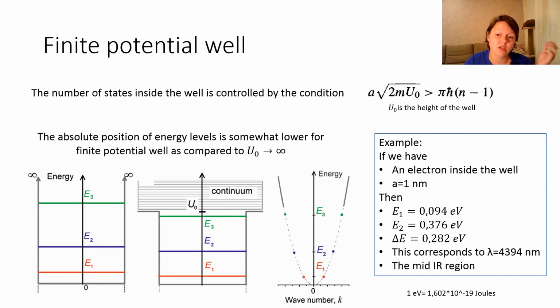This energy corresponds to a wavelength of about 4 microns. This means that if we have some material which contains such a potential well with the electron, and the electron is making such a transfer, this material will emit radiation in the mid-infrared region. Maybe it will be a laser or something like that.